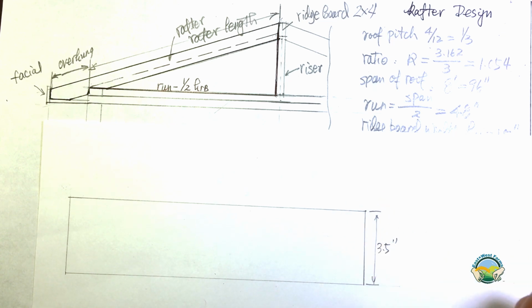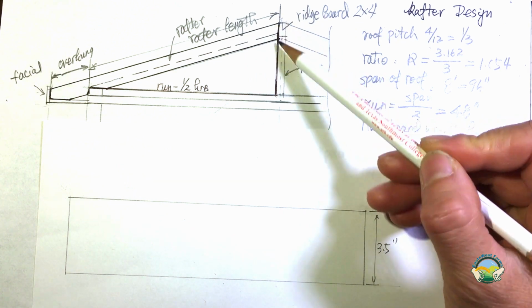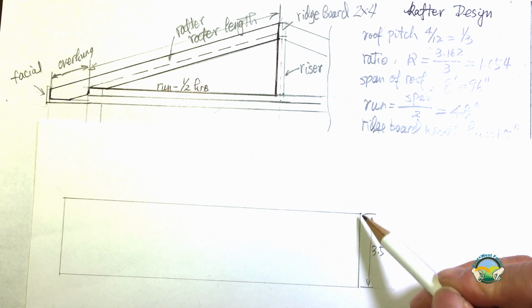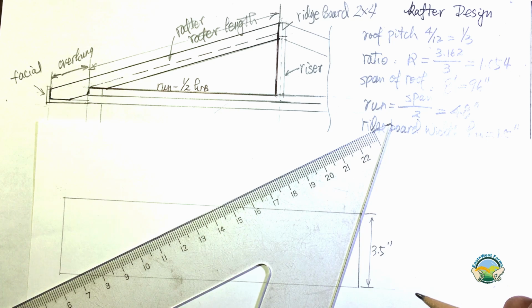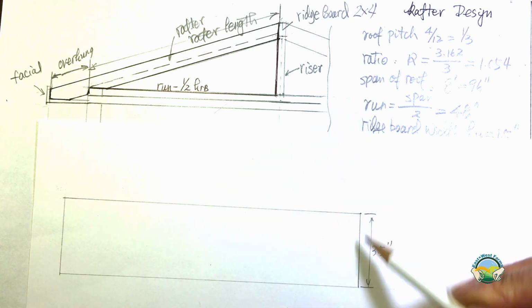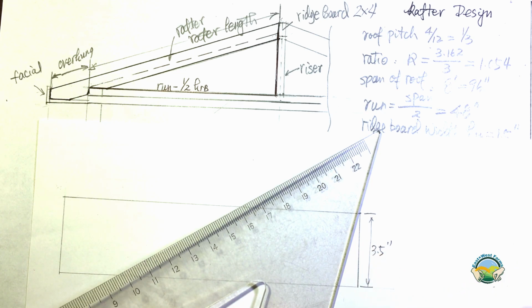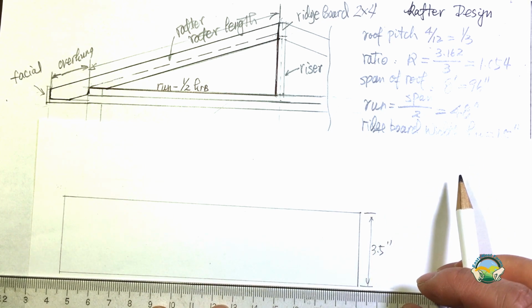The first line you want to draw is the plumb line that butts against the ridge board. So that line essentially goes something like that. Since this is 3.5, and that triangle is 1 to 3 over here, that dimension should be 3.5 divided by 3 to get a ratio of 1 to 3.